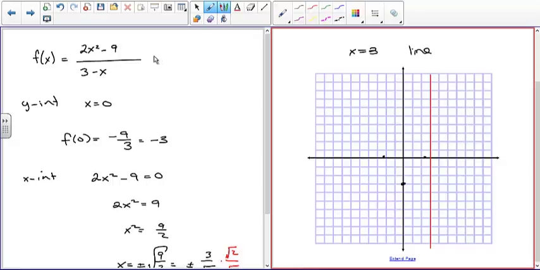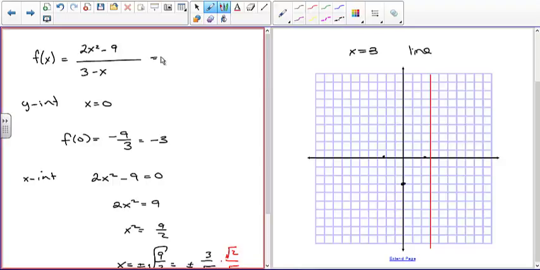There's a couple other things that we're going to learn later, but I'm just going to do it now. What's called the horizontal asymptote, and that's when x goes to infinity. In this case, when x goes to infinity, this whole thing goes to negative infinity.